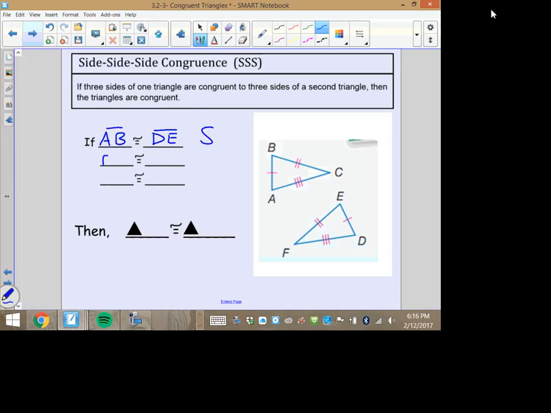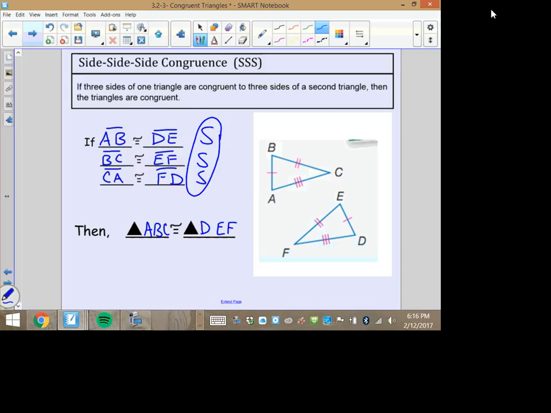We have side BC congruent to side EF, another side that's congruent. And then side CA is congruent to side FD. So therefore you can see our side, side, side, and we can conclude that triangle ABC is congruent to triangle DEF.